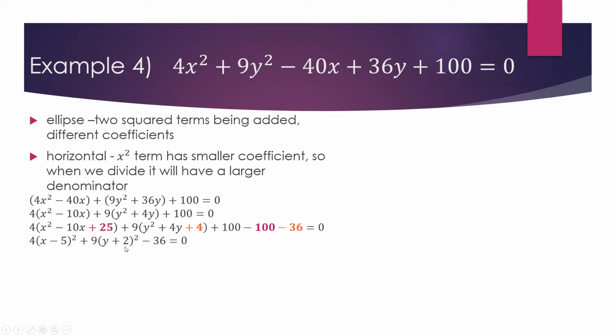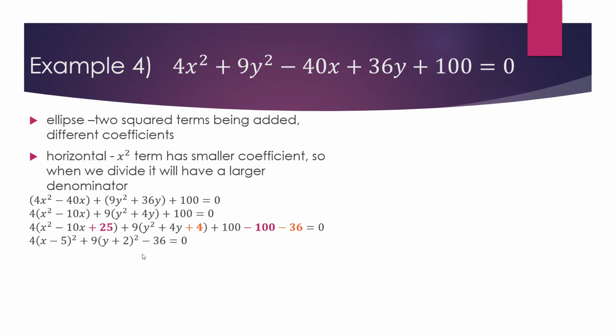If we simplify this, half of negative 10 is negative 5, so we end up with x minus 5 squared times 4, plus 9 times half of our b value of 4 here is 2, so y plus 2 squared. 100 minus 100 minus 36 gives us a minus 36 is equal to 0.